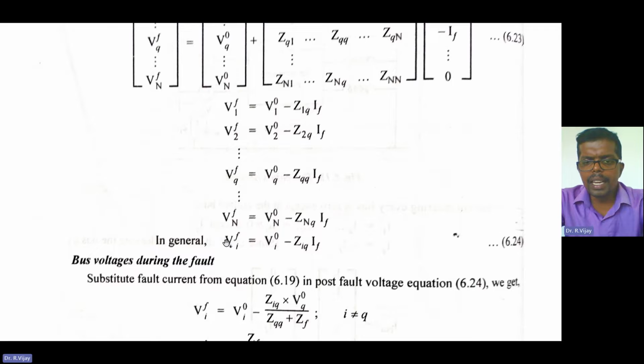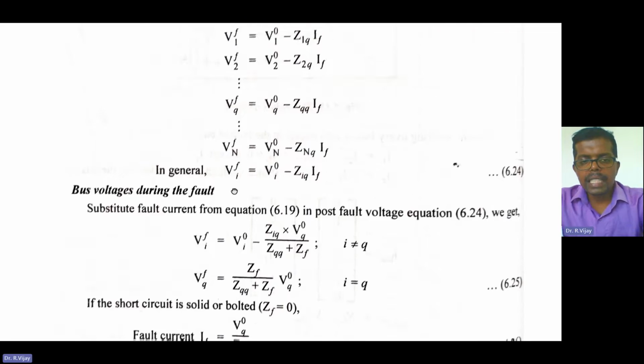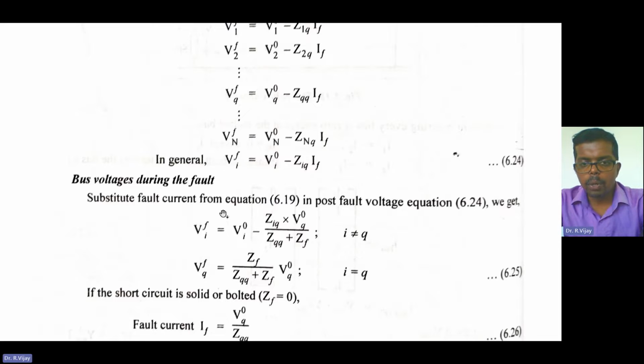So in general, we can write VIF is equal to VI naught minus ZIQ into IF. Next, bus voltages during the fault: substitute the fault current from equation 1, that is 6.19.